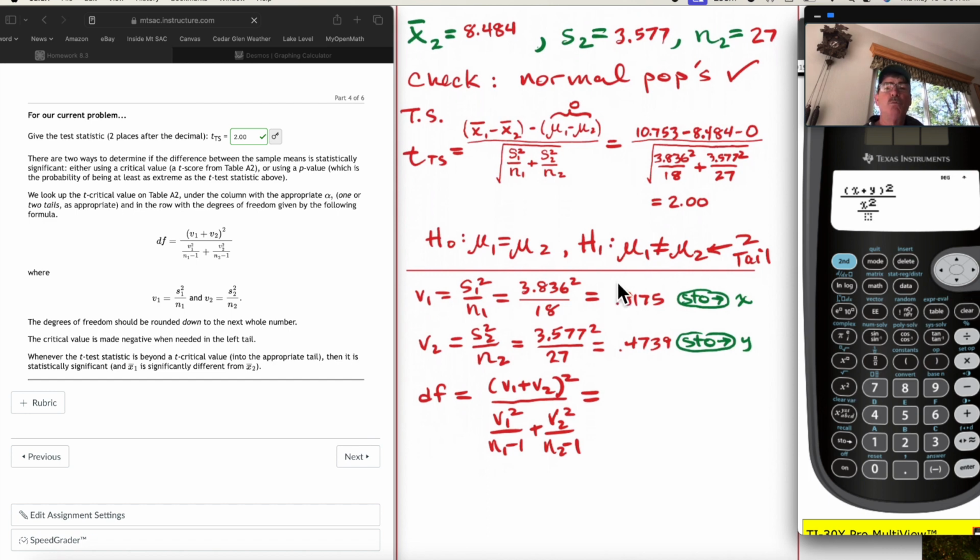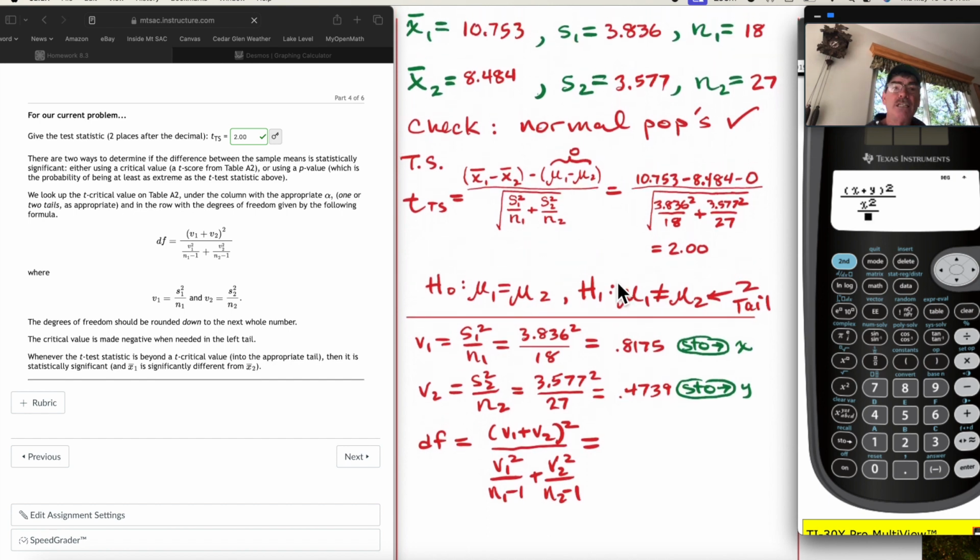So if you go back, N1 was 18 up here. So we're going to put a 17 here. Okay, next fraction. Plus. Okay, numerator is V2 squared, which is Y. So tap twice to get the Y. Squared over N2 minus 1. N2 is 27, so down here we'll put a 26. And it's actually combining those two degrees of freedom in a kind of really weird formula. And you get 34.78.